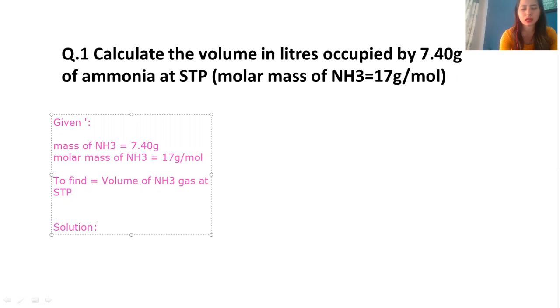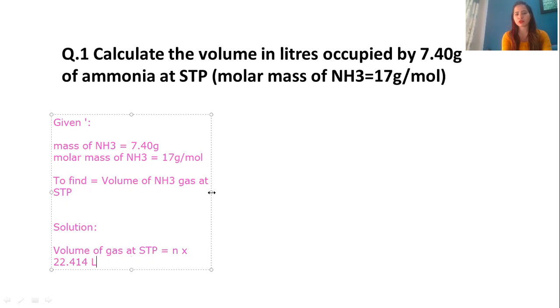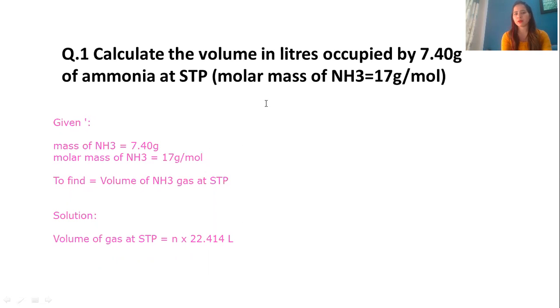We have the formula: volume of gas at STP is equal to N into 22.414 liter, or I can say dm cube, anything you can write. So to solve this, we need to find N, that is number of moles.